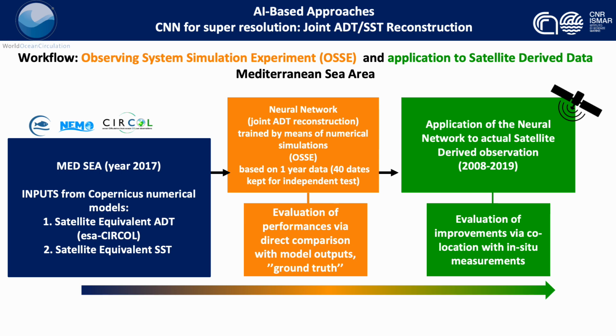So we are in this way able to perform an observing system simulation experiment in which the performances of the network are evaluated directly, comparing our results with model-derived ground truth, which are basically 40 days of our 1 year long time series, which are kept apart for performing the independent test.